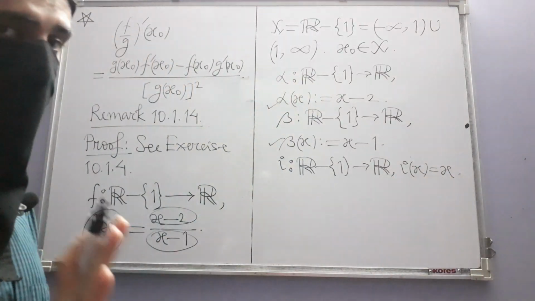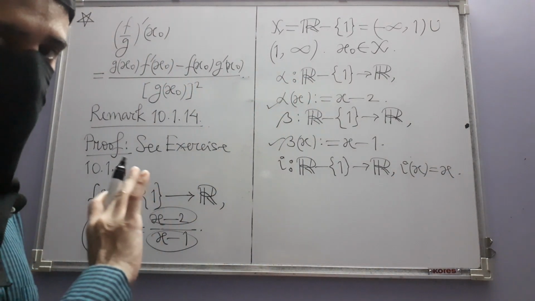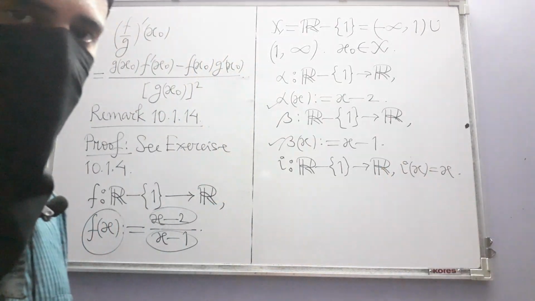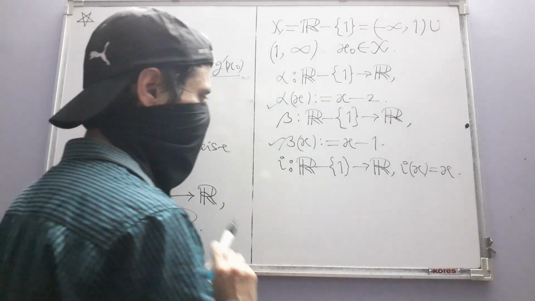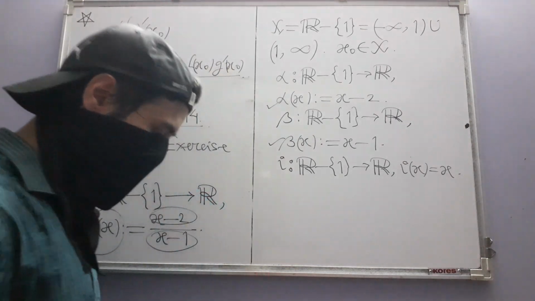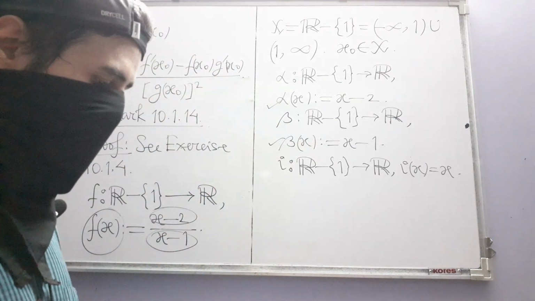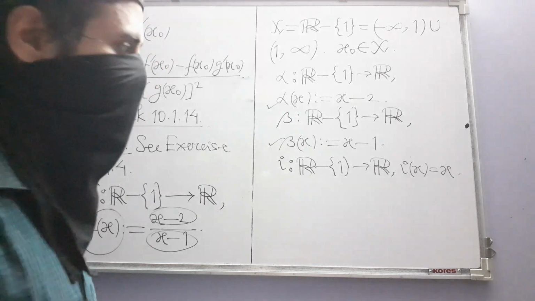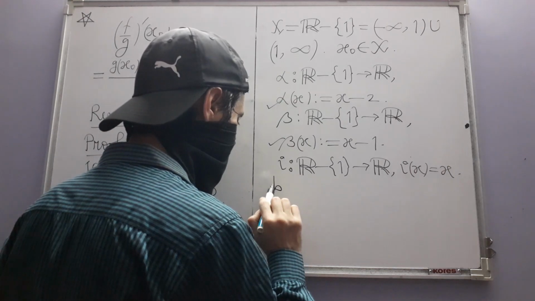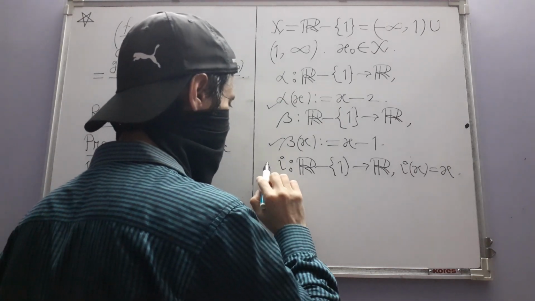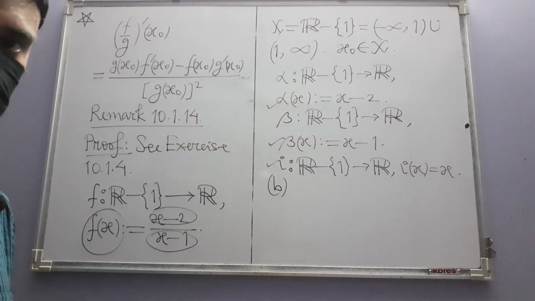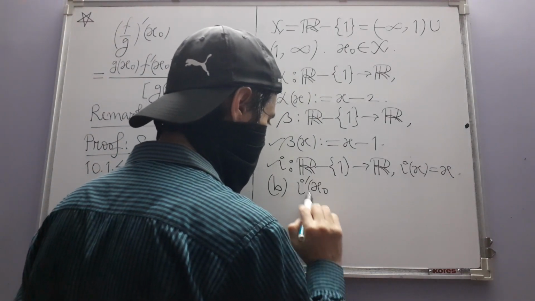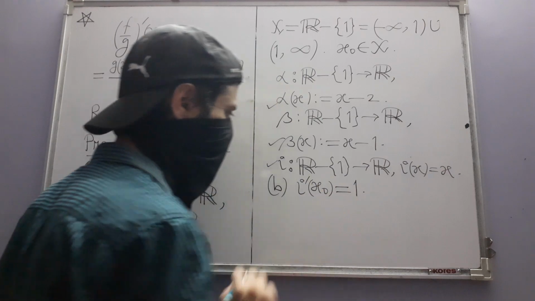Again, I am calling this the identity function, and it's not strictly the identity function, but its rule is that of the identity function. Now, what was that part where we concluded that this is differentiable? Part B. By part B, we know that I is differentiable, and I prime of x naught is equal to 1.